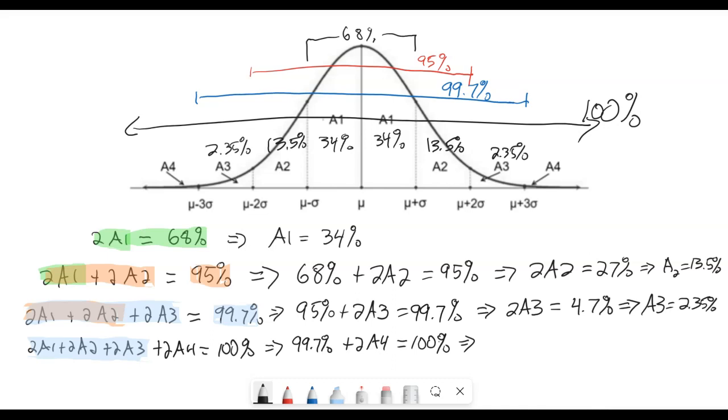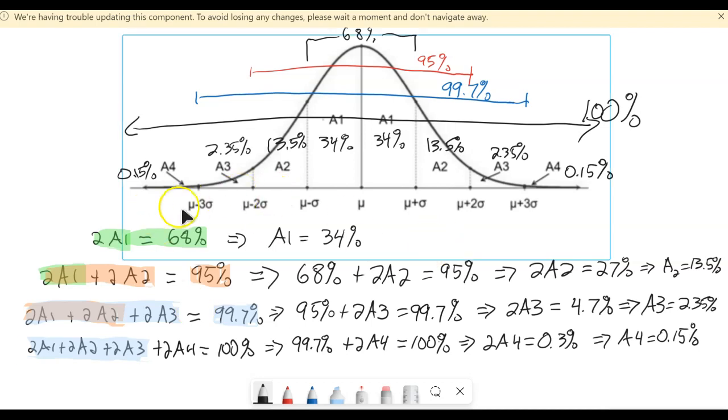Subtracting the 99.7, we get 2A4 equals 0.3%. Dividing by 2, we get A4 equals 0.15%. So the tail end, 0.15%, and 0.15%.